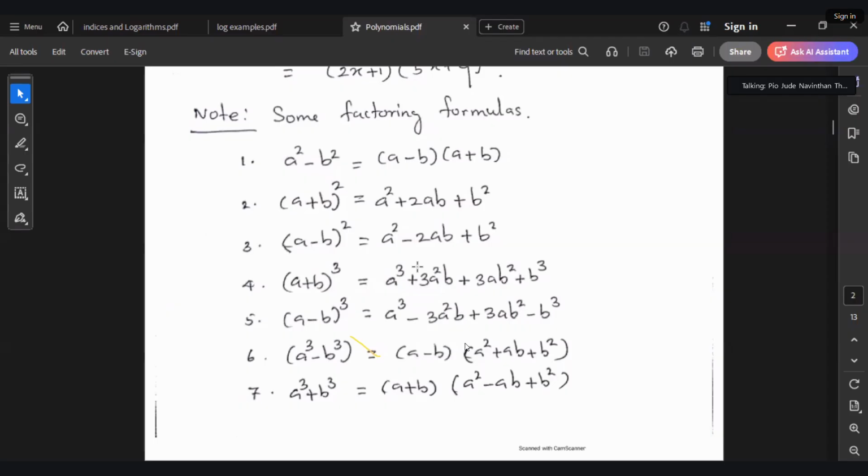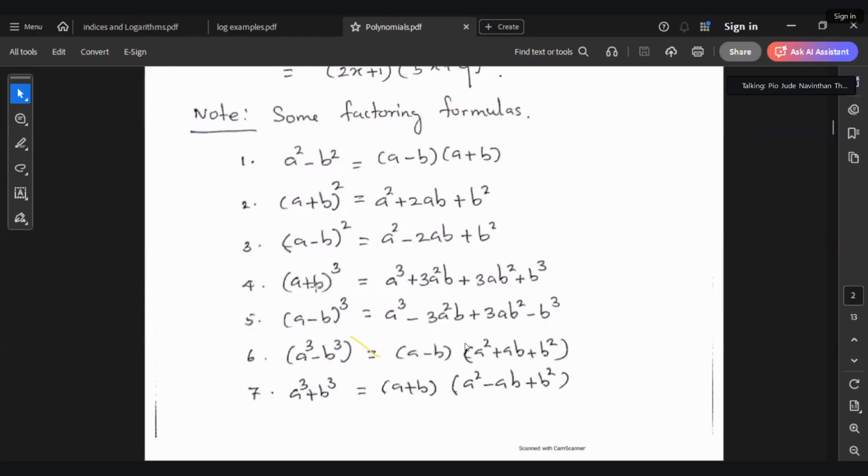So the first thing is, you can see this power. Power is 2. And here there is plus. If we have A plus B in the bracket, then all the values are plus.